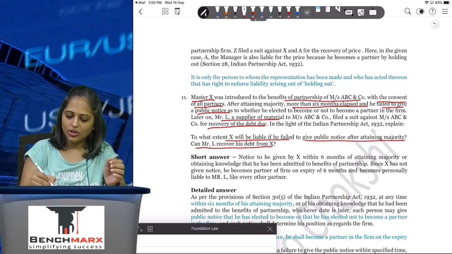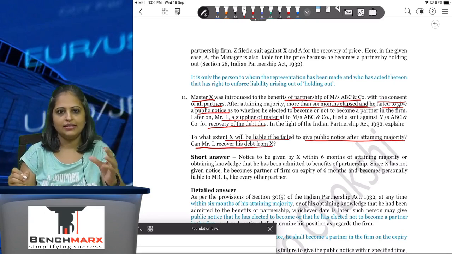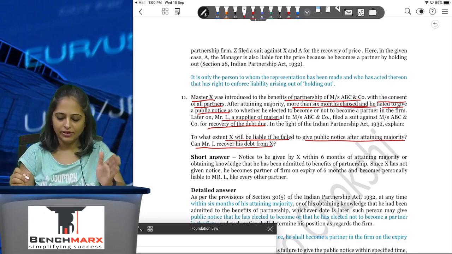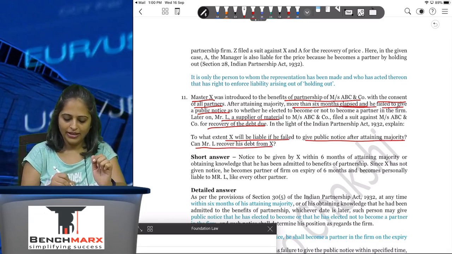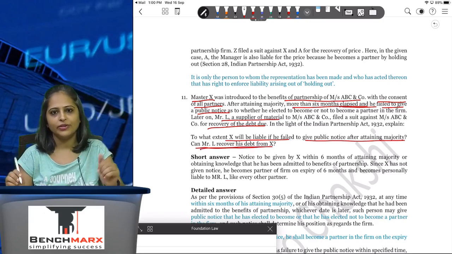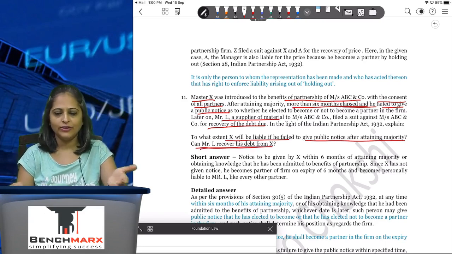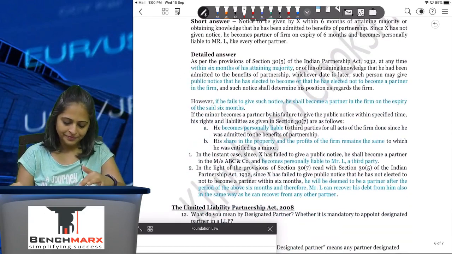In this case, because he has not given the notice and 6 months have already expired, he will be personally liable for all the actions done by the firm, and Mr. L can also recover the debt from X like he would have done from any other partner.